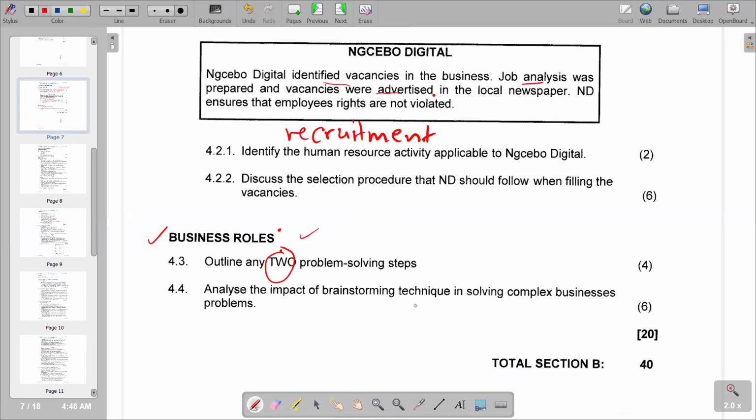On the last part of our question, it says analyse the impact of brainstorming on problem solving. So obviously we are going to come up with negatives and positives of brainstorming. For the positives, remember creativity is enhanced during the brainstorming process. New ideas are going to come in, and there's also teamwork, as the ideas coming from different individuals are going to be combined to make a better idea.